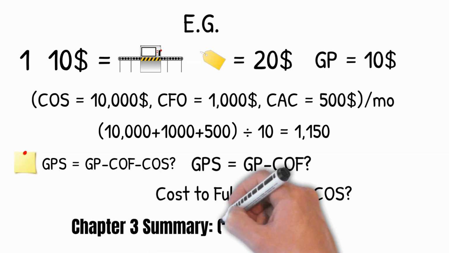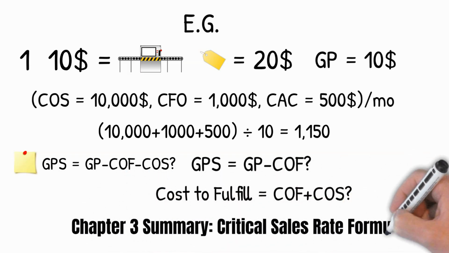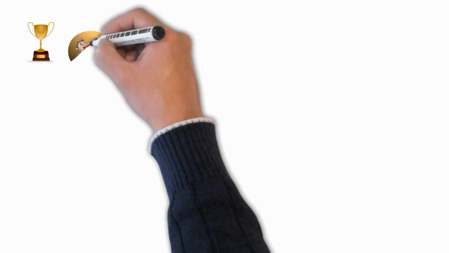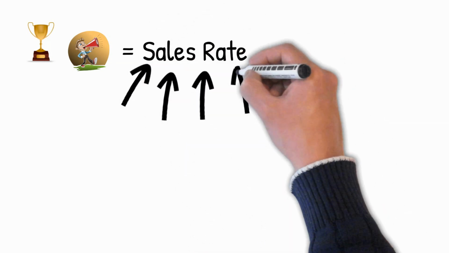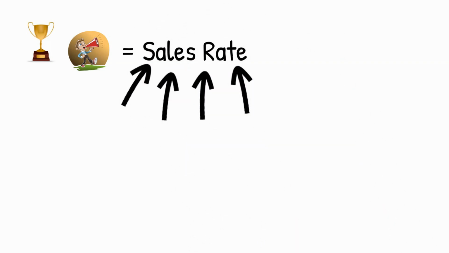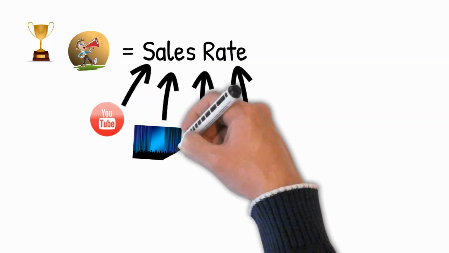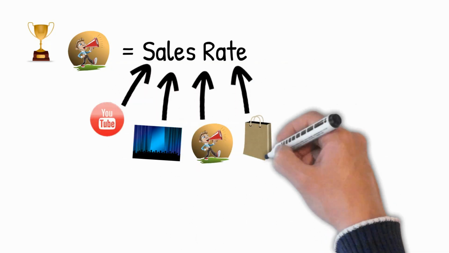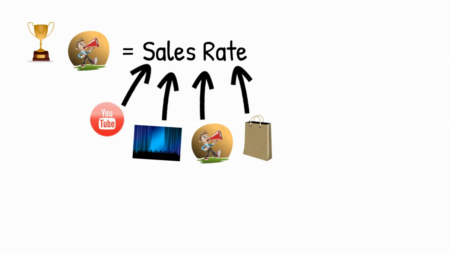Chapter 3 summary is the critical sales rate formula. The success of a campaign, or, in other words, sales rate, depends on 4 factors. These factors are media, audience, promotion, and product, as we briefly discussed in Chapter 1.